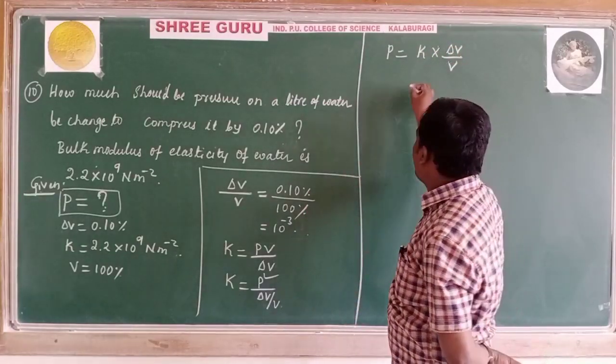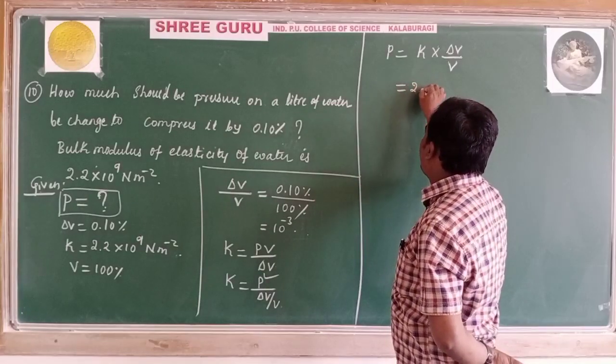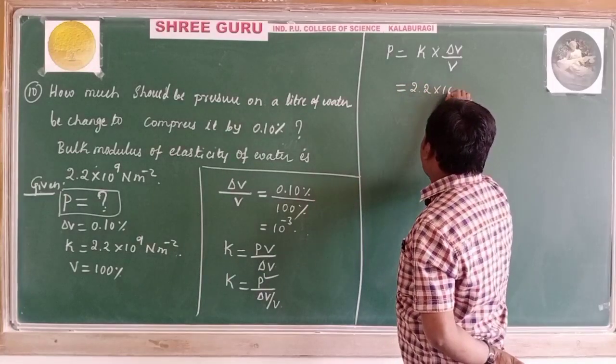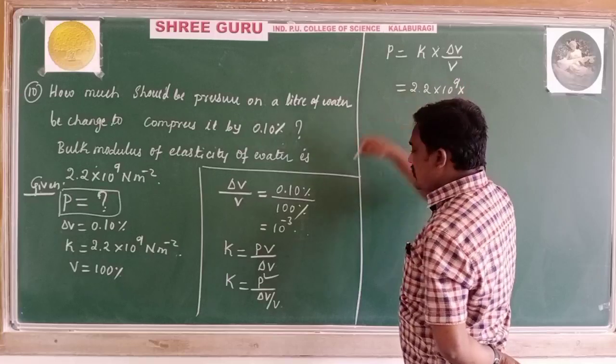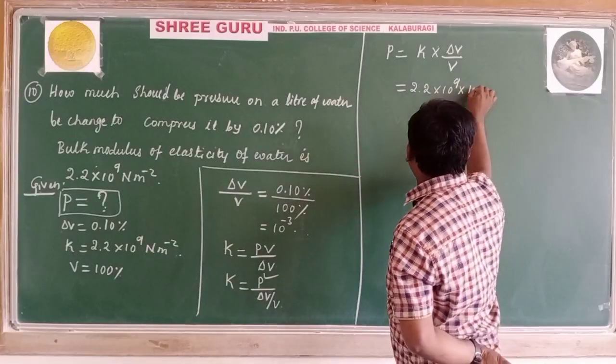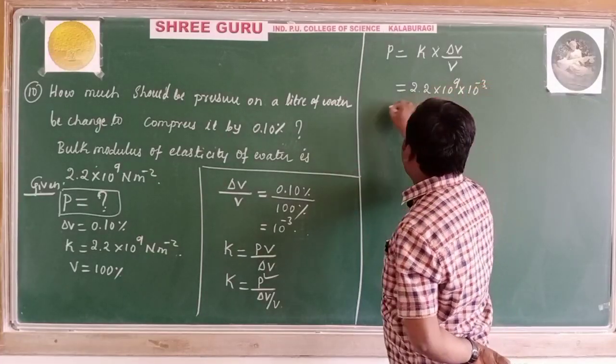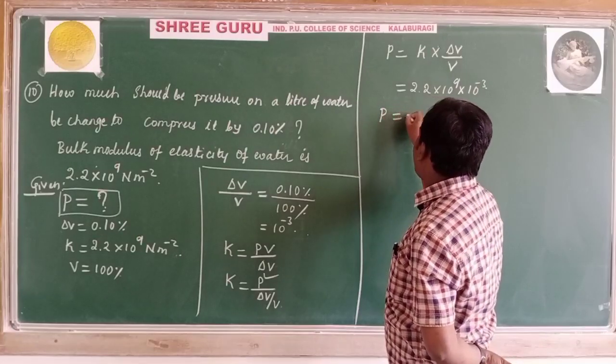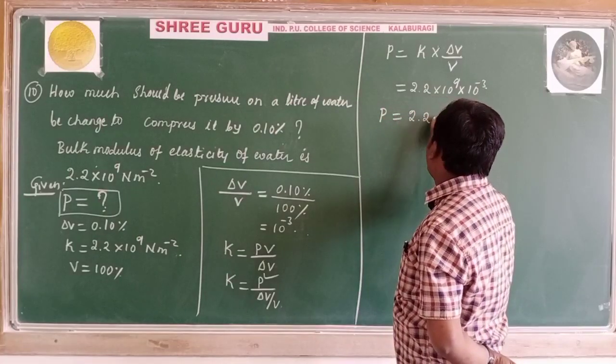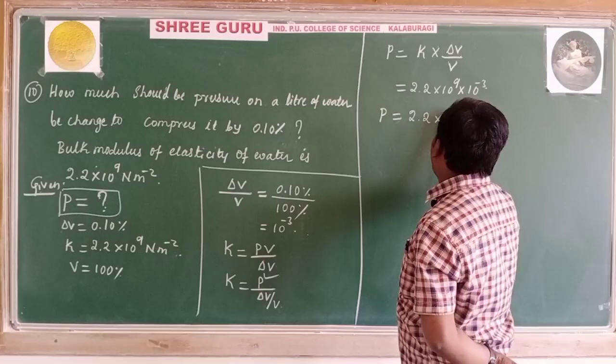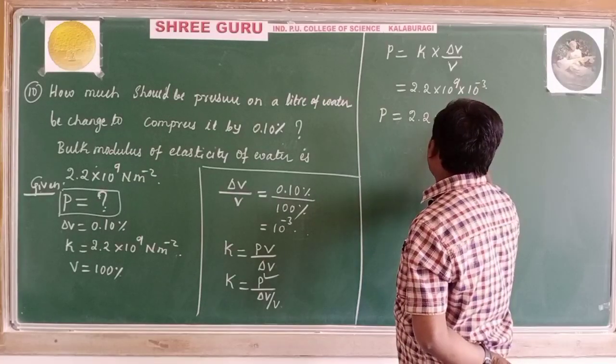What is the K value? That is 2.2 into 10 to the power 9. What is the change in volume? That is 10 raised to minus 3. And now the pressure is 2.2 into 10 to the power 6 Pascal.